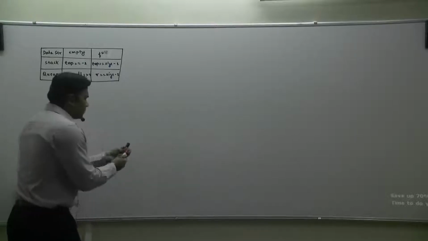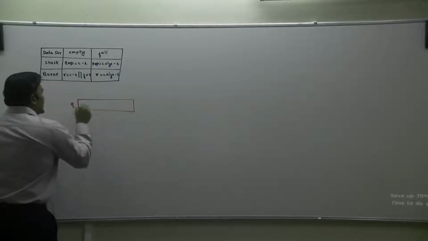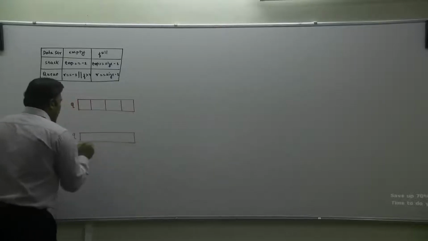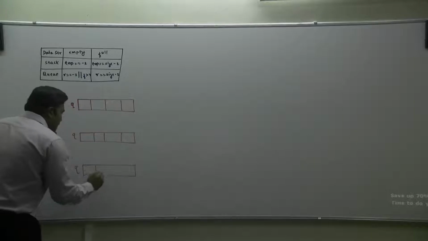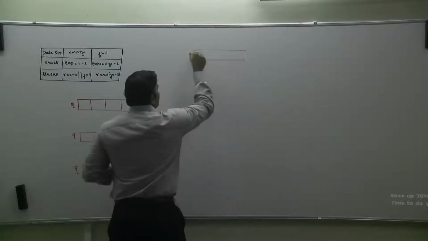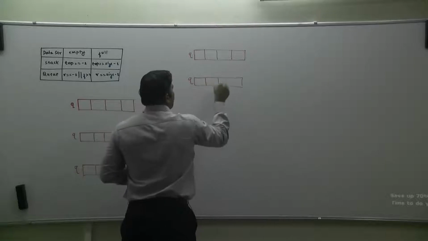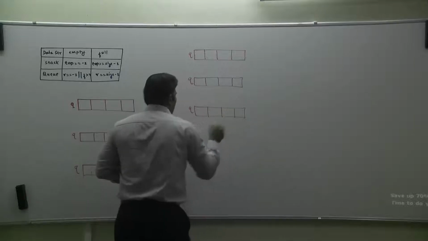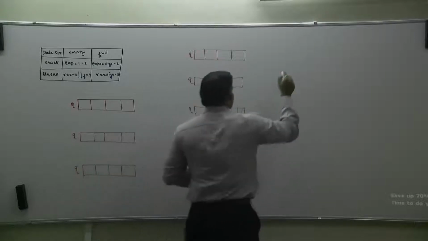Notice the limitation. Assume this to be our queue. Initially it is like this. Afterwards assume it looks like this. After some time again it looks like this, and so on. This is the queue. Again this is the queue. So after each instance, how it looks is what I am trying to demonstrate.